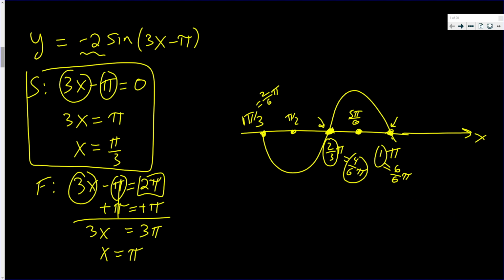Now, this distance here from pi over 3 to 2 pi over 3, that's pi over 3. Oh, and since this is pi over 3, I want to go to the left exactly pi over 3 to get to 0. Now, nobody's going to take a ruler out on you and make sure that these two distances are the same. But it has to be reasonable. You can't put the y-axis right here.